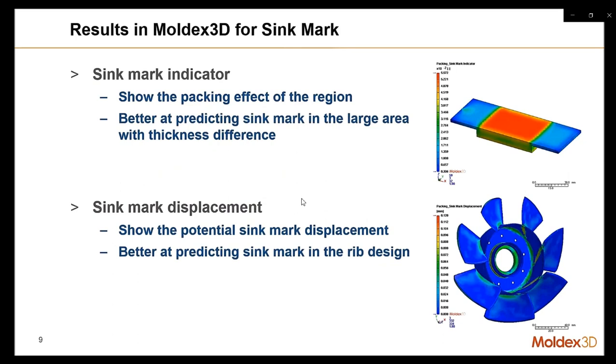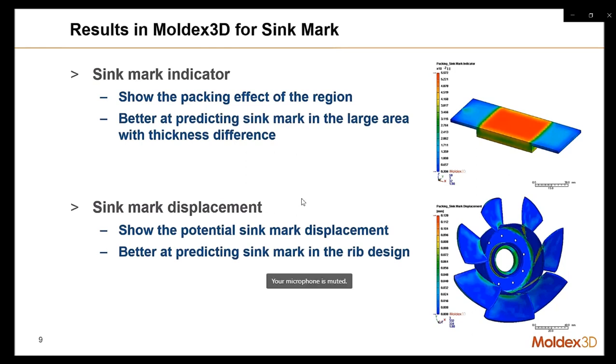And now we would like to offer you, we have 2 results in Moldex3D that can help you to predict and check the situation of your part about a sink mark. The first one is called sink mark indicator, and the second one is sink mark displacement.